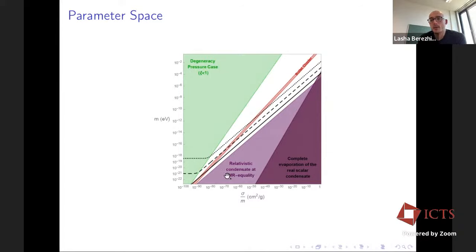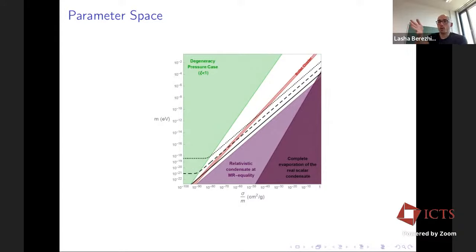Now this purple region is prohibited because at that point the equation of state would become relativistic. And there is another region, which is a weaker constraint: if we have a real scalar field being the dark matter, there is a certain parameter space for which it could evaporate.